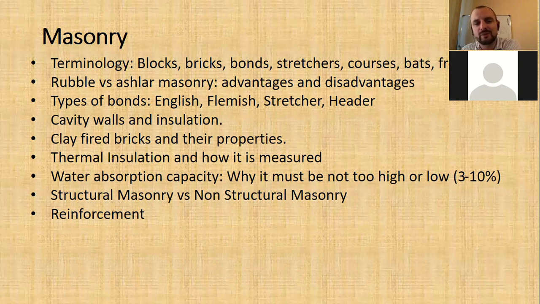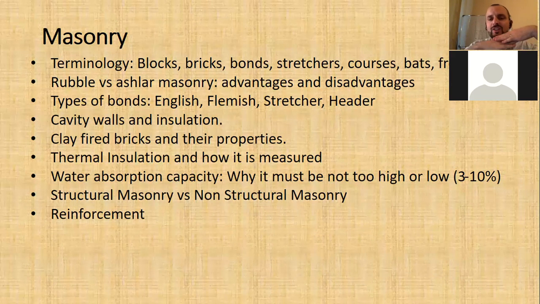We also talked about water absorption capacity. High absorption capacity is a bad thing because high porosity leads to it breaking down. It has no durability. But you need some absorption capacity, and why is that?